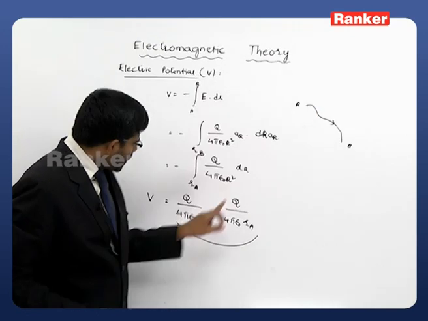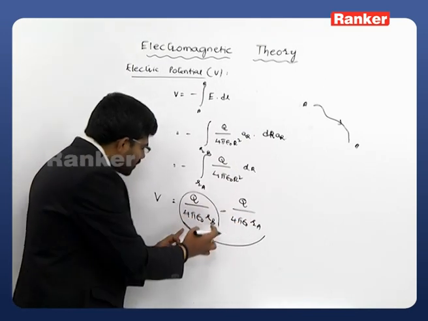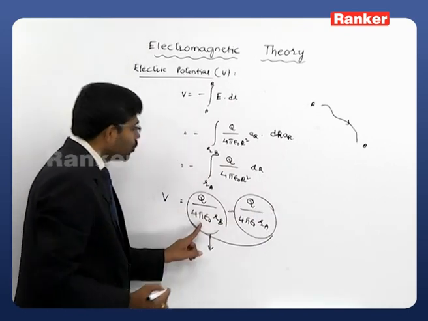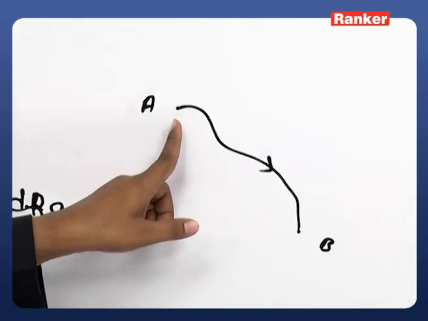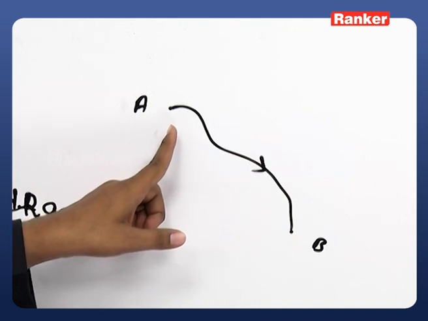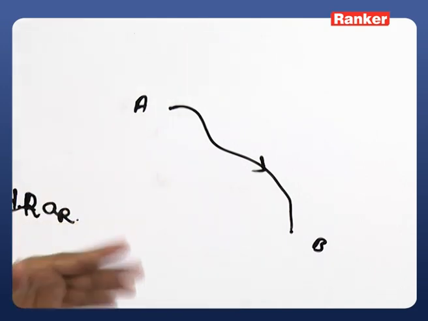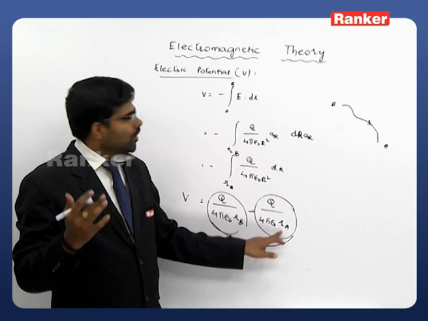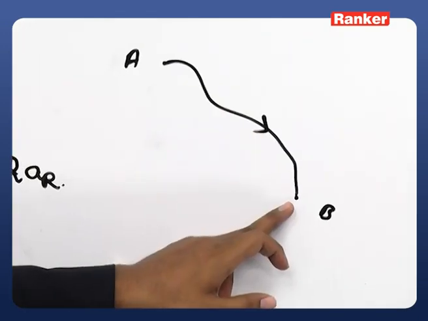Right? So if the entire thing is a potential difference, what is this quantity and what is this quantity? This quantity is called the absolute potential at point B, and this quantity is called the absolute potential at point A. Now what is that absolute potential? As we said, there is no potential alone, only potential difference. This absolute potential is the potential difference between this particular point and another point where the potential is 0.